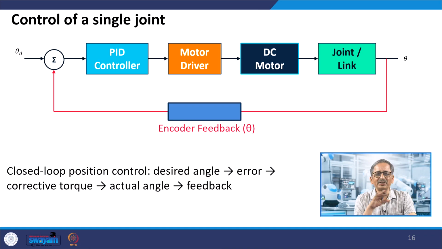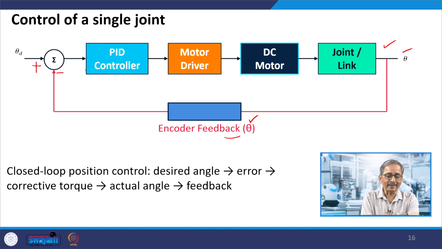So, to understand in a broader way the control of a single joint, suppose I have a joint or link, and at that joint I have a motor and the motor rotation is theta. Through an encoder we get this theta value. This theta value I provide to the summer here, where we have the reference coming.